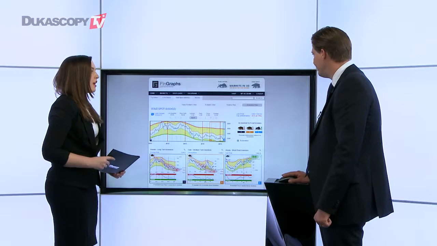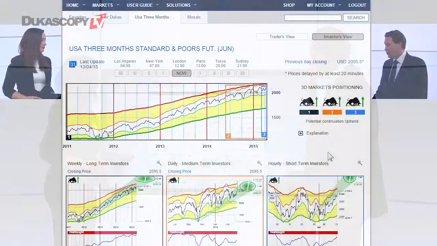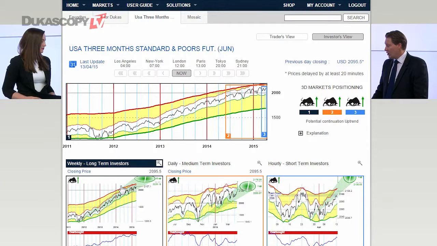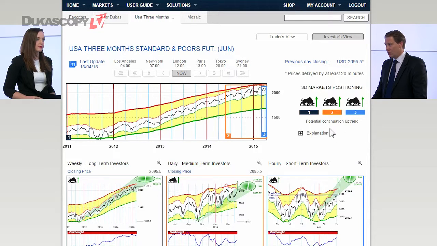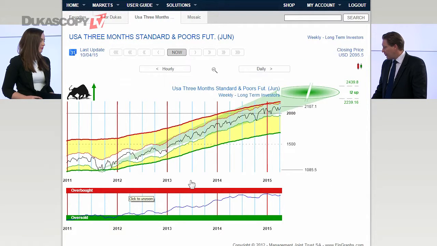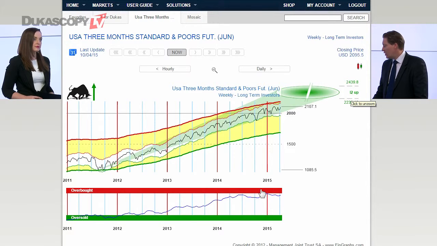And with equities, what can you show me? So we look at the S&P future, also on an investor's view. All three charts are back in a bull, so potential continuous uptrend. The weekly chart is looking to impulsive 2 targets, so quite extended targets, and you can see that we've had close exaggerations with market stress here with the two envelopes touching each other, and a risk index which made it very close to the overbought zone.